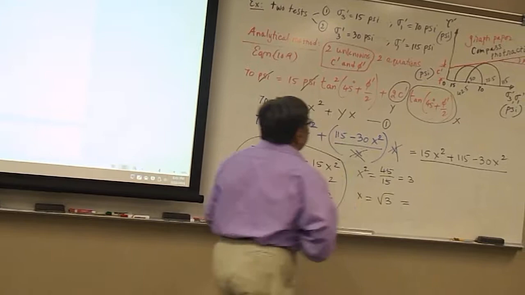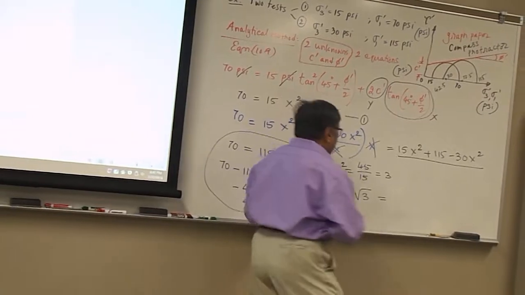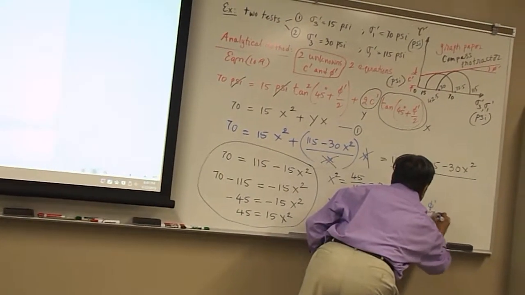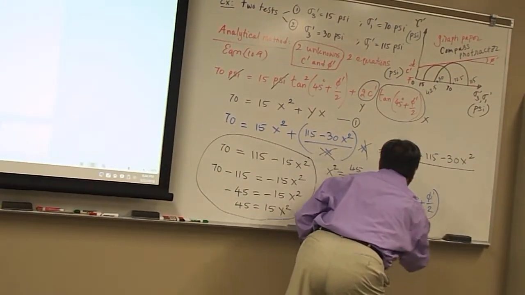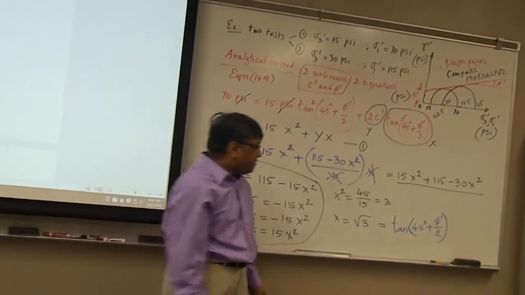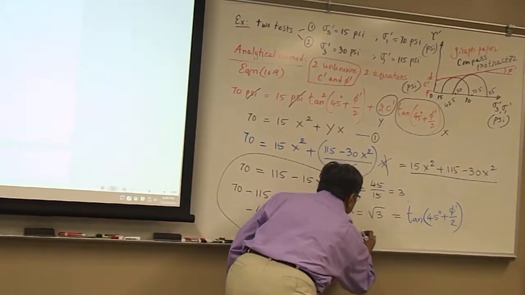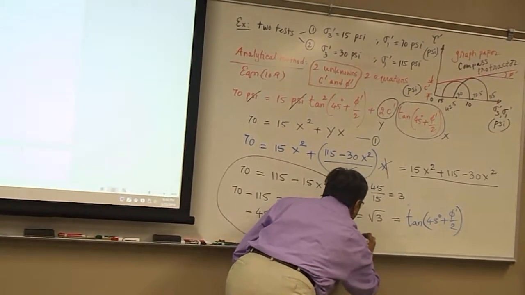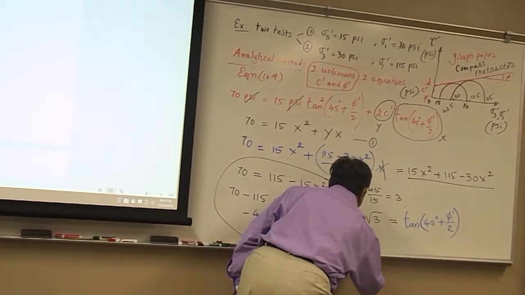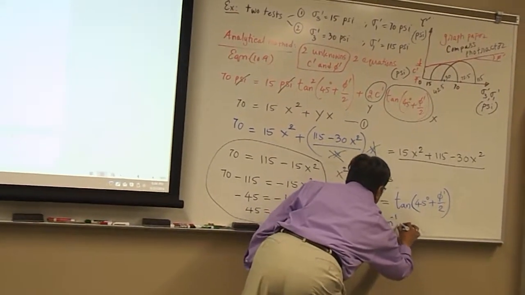And at this stage, let us equate it with tan of 45 degree plus half phi prime. That means we can use the calculator to get what 45 degree plus half phi prime is. So 45 degree plus half phi prime is tan inverse of square root of 3.